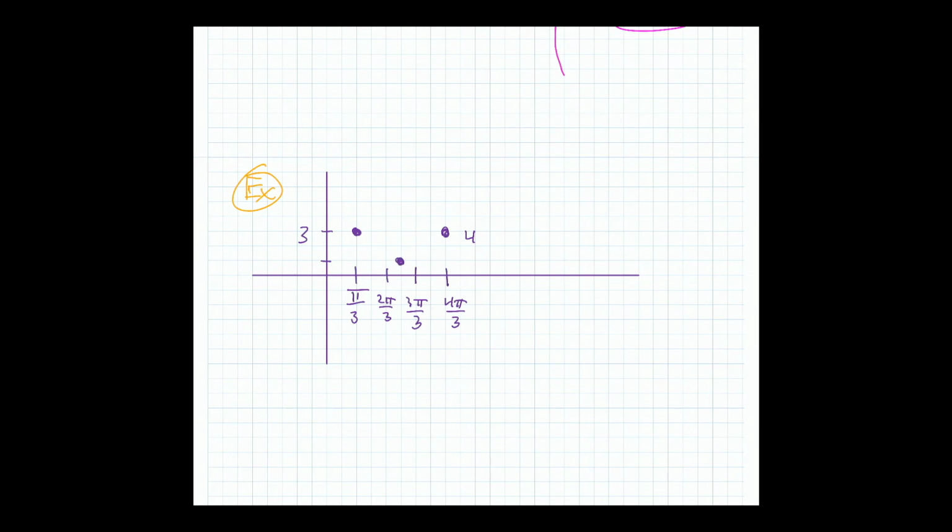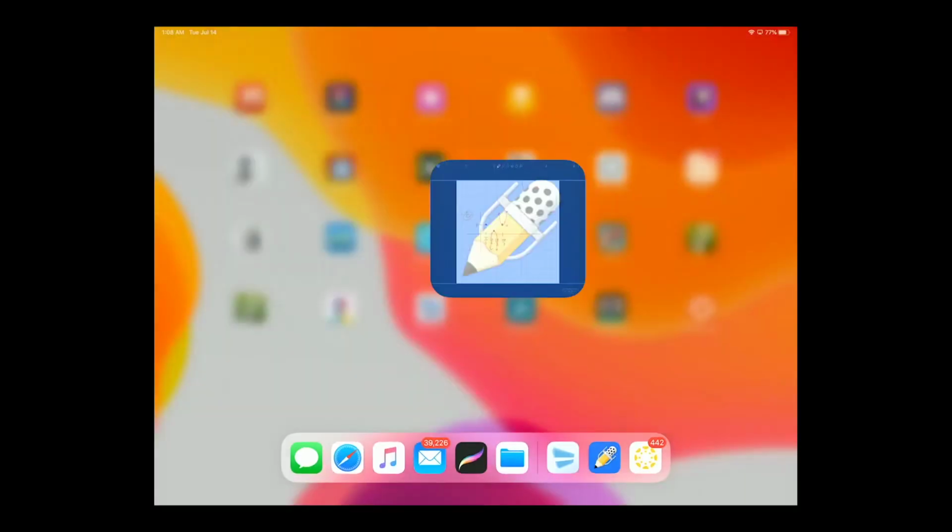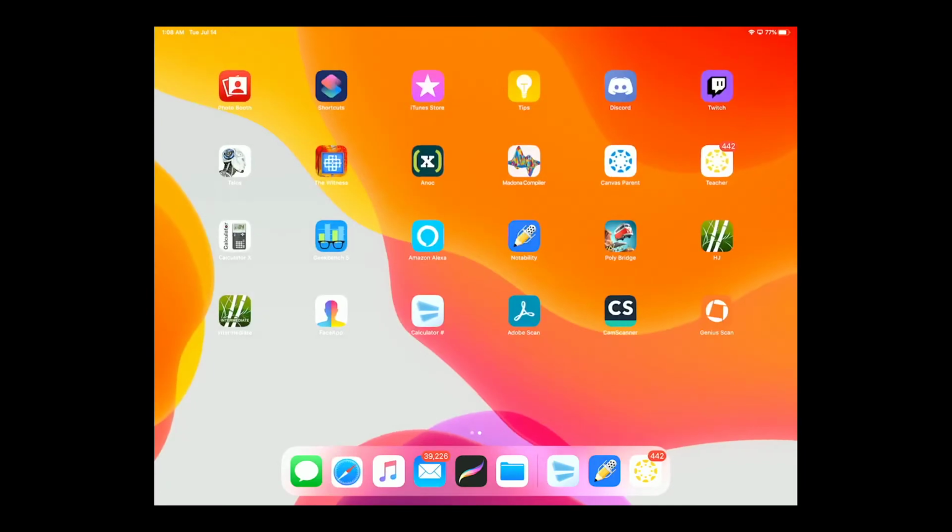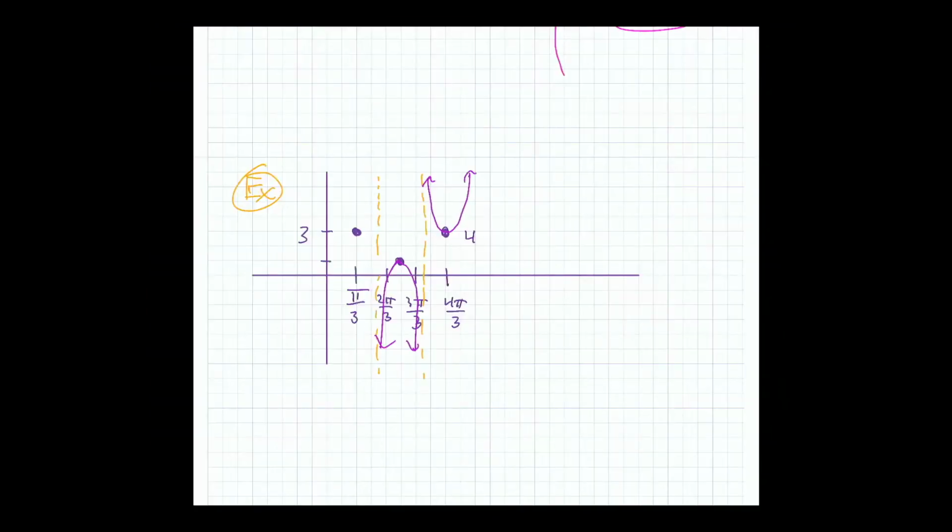So we must have asymptotes halfway between. Like that. And then let us draw the curve. That's not right. Yeah, that's what I thought. Okay, so there you go.